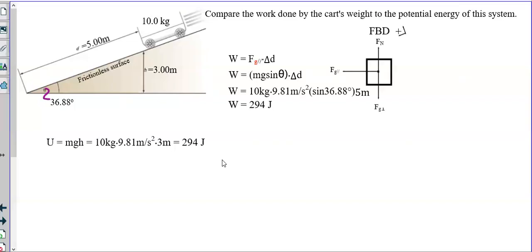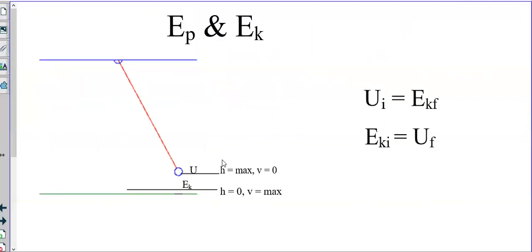So try to always remember, if there's an elevation change, if something goes up or goes down, it's going to change its gravitational potential energy. Regardless of what else is going on, if there's any change in your vertical elevation, your gravitational potential energy has changed. So think of a pendulum. You probably saw a little bit of pendulums last year in your Physical Science 20.